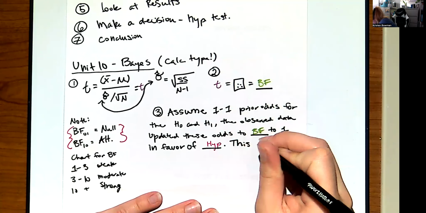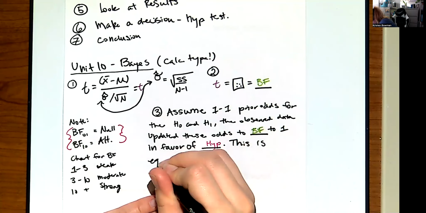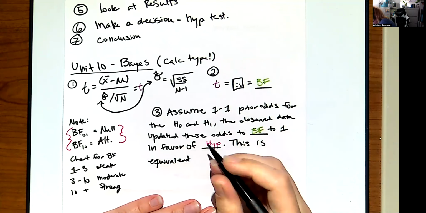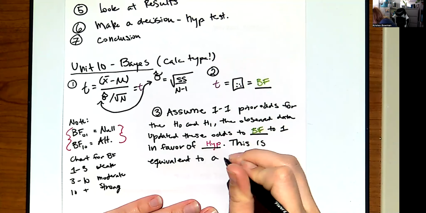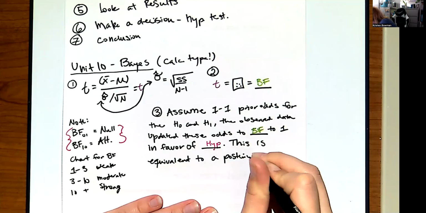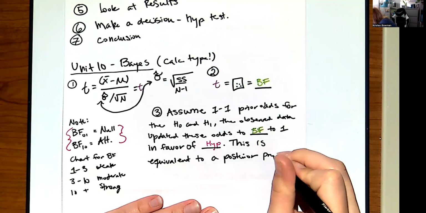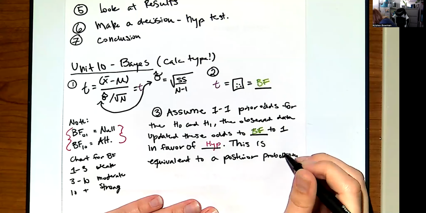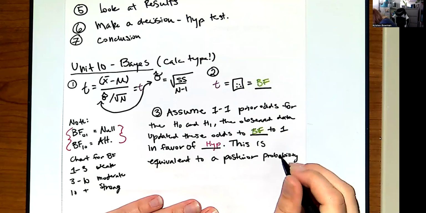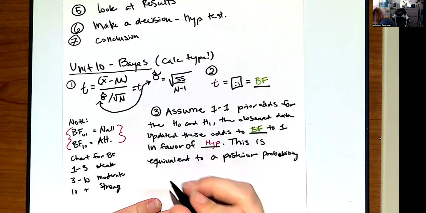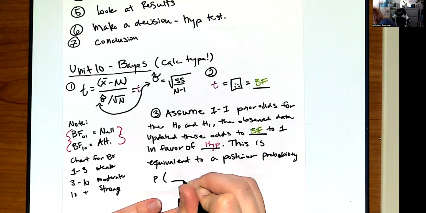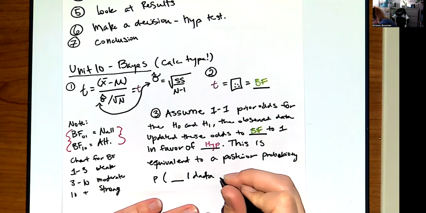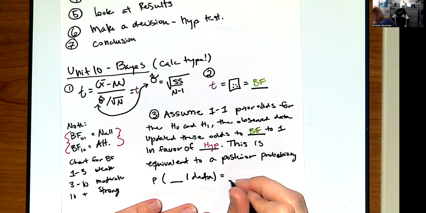This is equivalent to a posterior probability, probability of P of blank given the data equals blank.